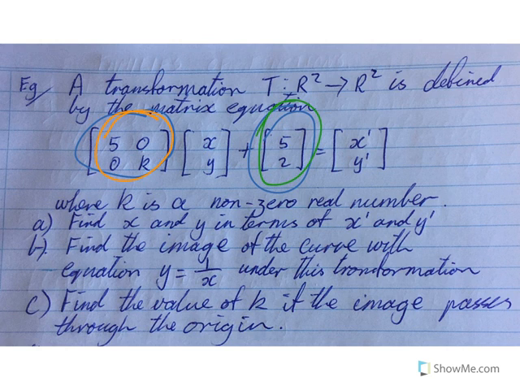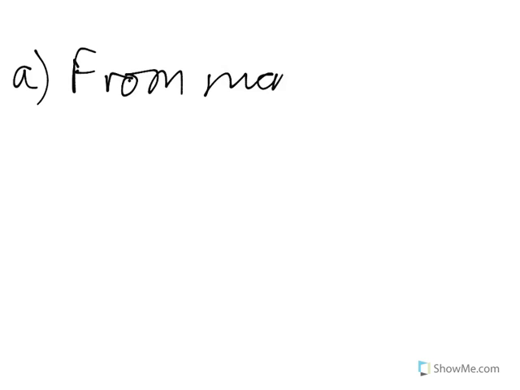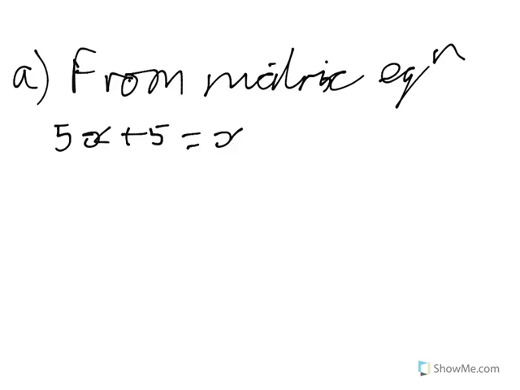Find x and y in terms of x prime and y prime. For part A, we're using the matrix equation, so I'm going to leave some steps out here. If we work out that matrix equation, multiplying that first one out and then adding the other one, you get that 5x plus 5 is equal to x dash, and ky plus 2 is equal to y dash.